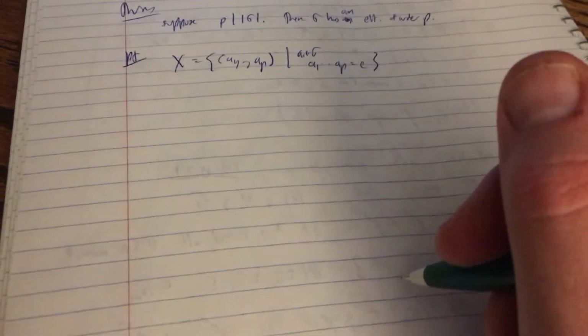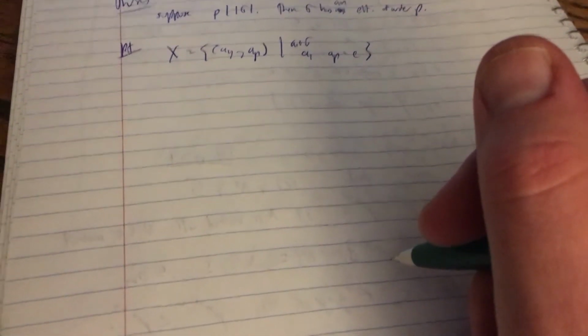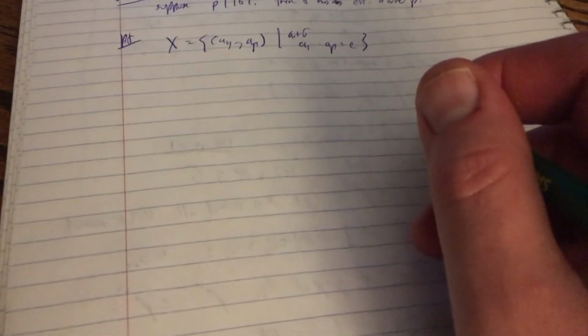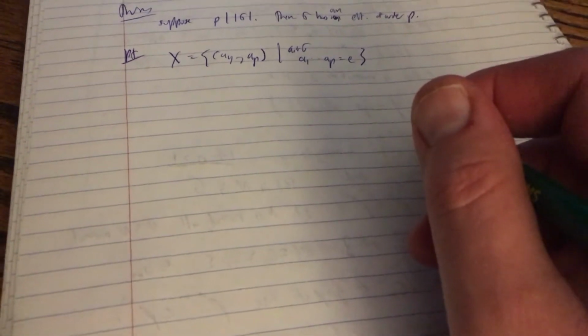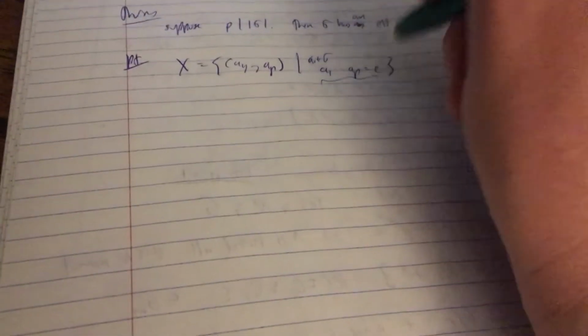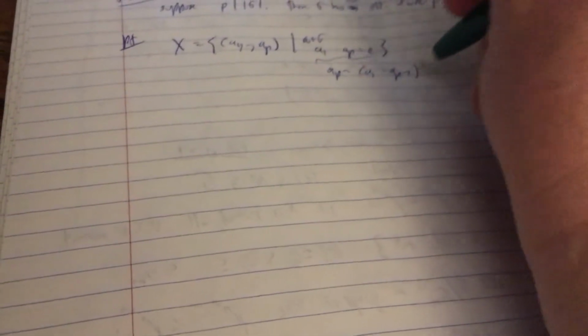So X is the set of P-tuples of elements of G such that their whole product is just E. In this case, this is the same as saying that AP is (A1 through AP minus 1) inverse. So this tells us that the cardinality of X is the order of G to the P minus 1 power, right?